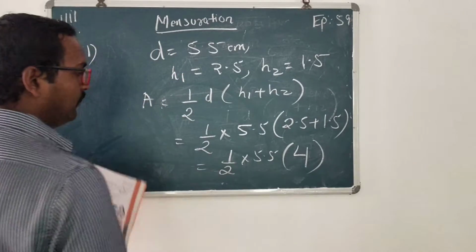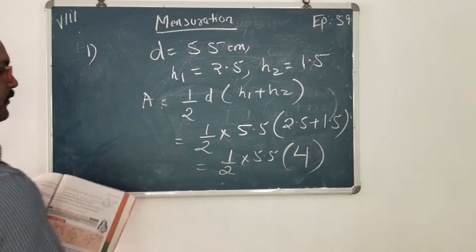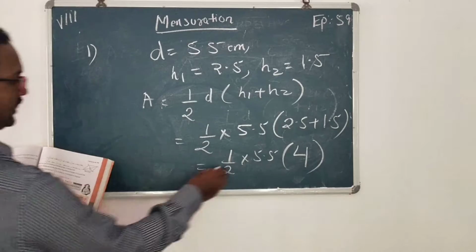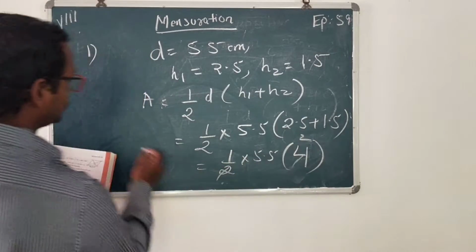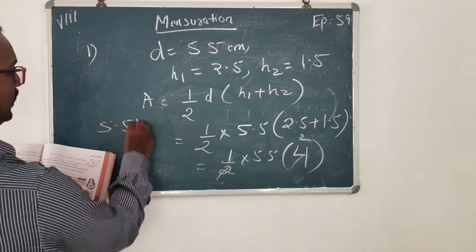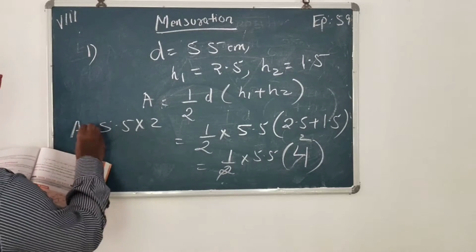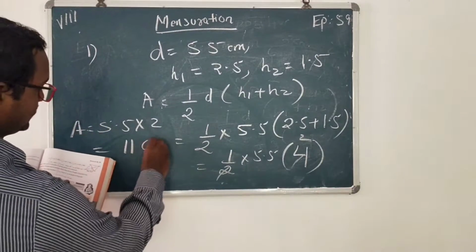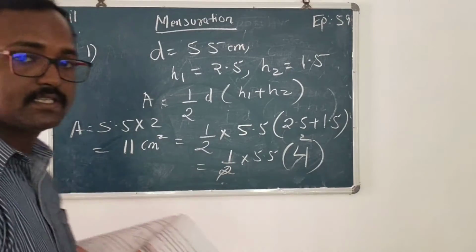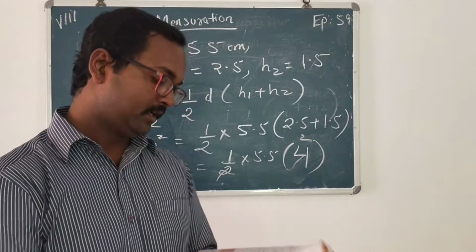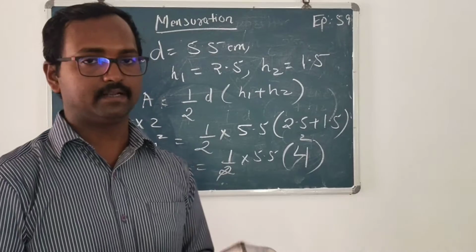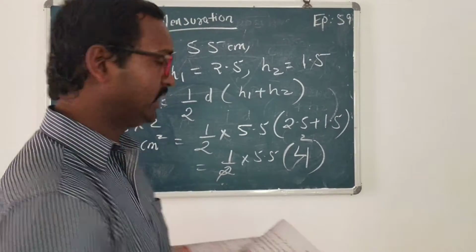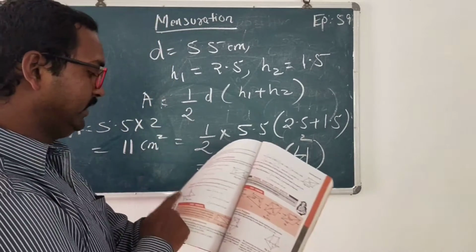So 1 by 2 into 5.5 into 4, we can cut this 2 and we get 2 here. So area is 5.5 into 2, which is equal to 11. The unit will be centimeter square. So this is a general quadrilateral. In most general quadrilaterals you will get a figure like the one shown in example 1.